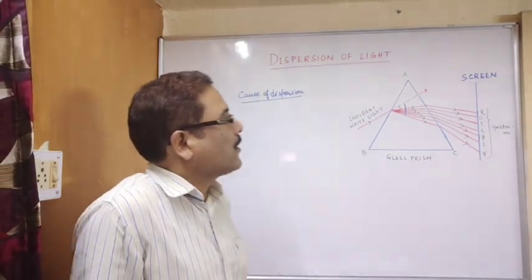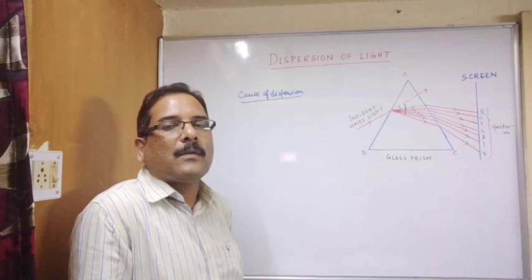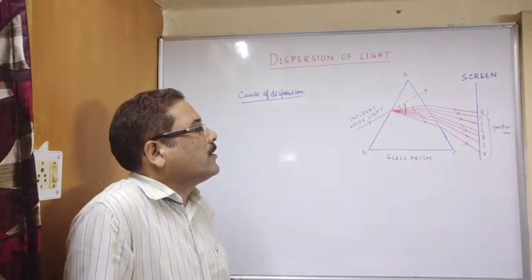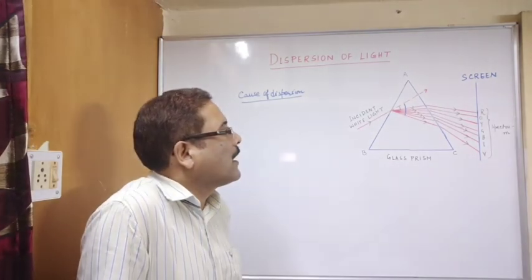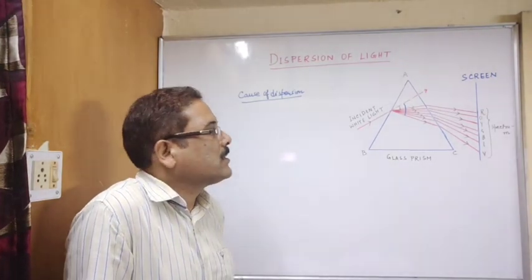So, for objective question, you must remember it. The red color deviated least and the violet most.